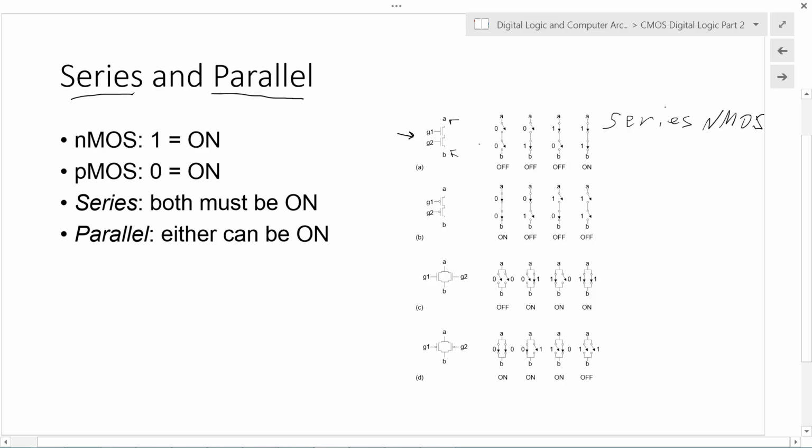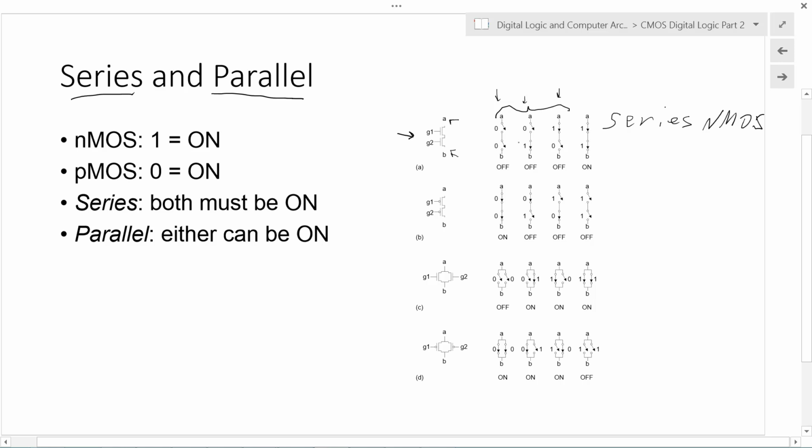If either G1 or G2 is 0, then there will be a disconnection between A and B. This is represented by these three cases here: 0 0, 0 1, 1 0.